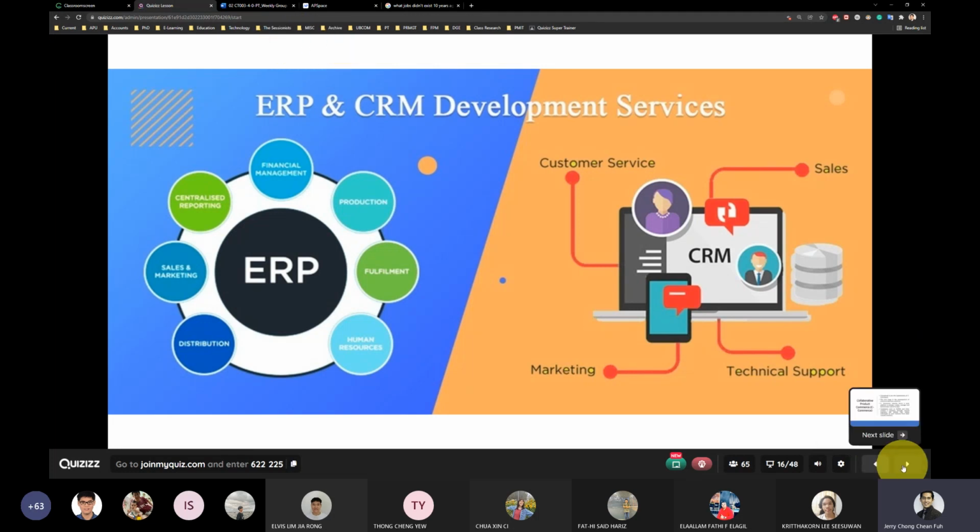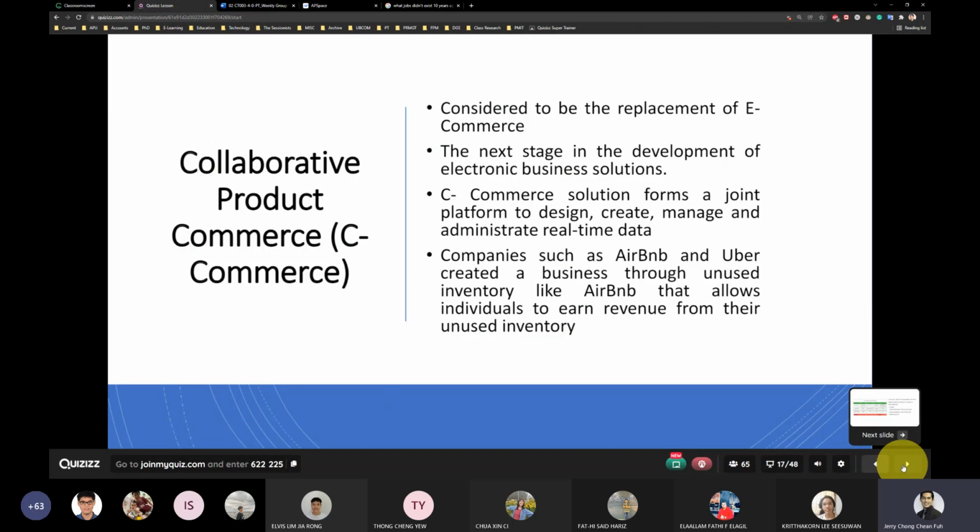Yeah. All right. So you saw the term C-commerce earlier. C-commerce refers to collaborative commerce. The simple idea here is that companies are working together. As you can see here, it is considered to be the replacement of e-commerce, the next stage in the development of e-business solutions.